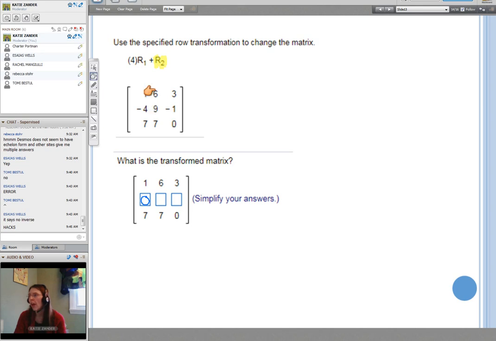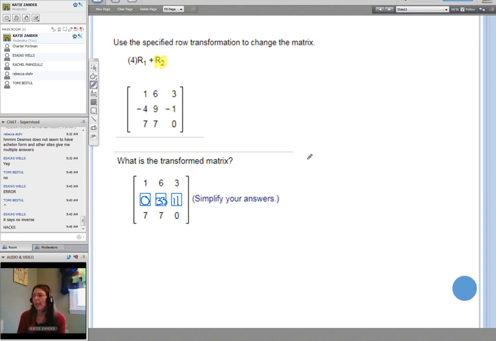And then I do that with every other column as well. 4 times 6 is 24. 24 plus 9 is 33. That sound right? And then the last one, 4 times 3 is 12. 12 plus negative 1 is 11. So technically that row 2 is going to be replaced with 0, 33, 11.